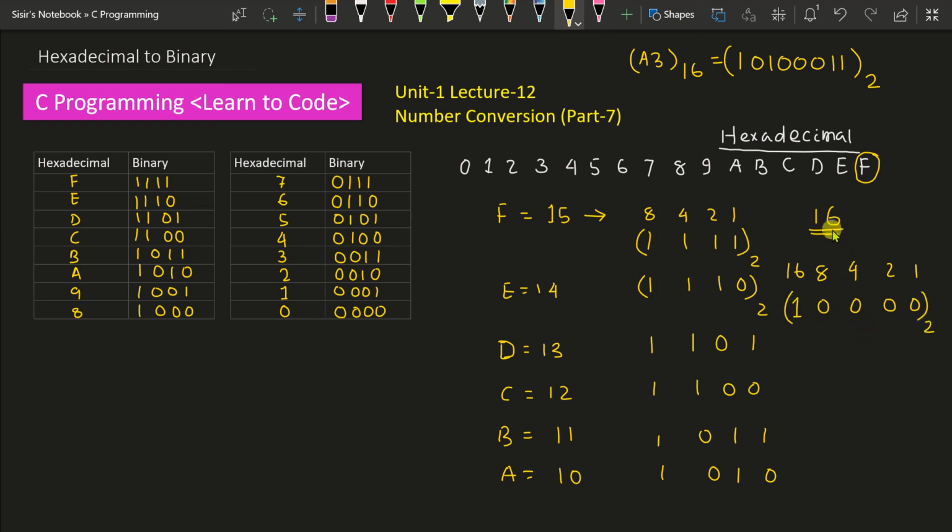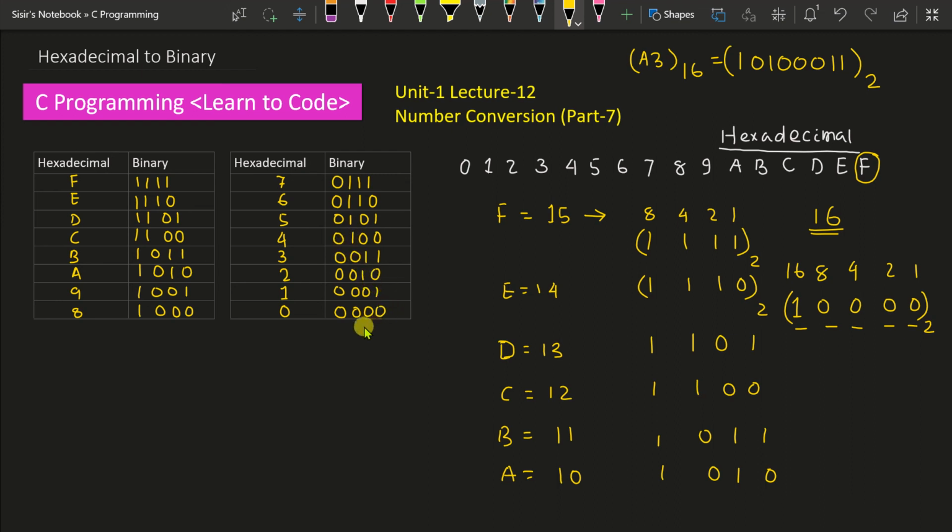But now see, 16 can only be represented with 5 digits: 1, 2, 3, 4, 5. But 16 is not included in hexadecimal digits. All the hexadecimal digits take a maximum of 4 binary digits. That's why I have written it in this manner. And remember, while converting hexadecimal to its corresponding binary equivalent, try to represent each digit with a 4 digit number. This is the shortcut method we are going to use for the conversion.